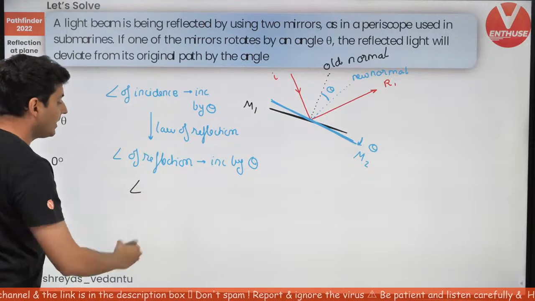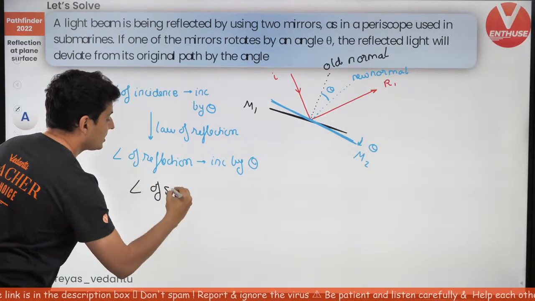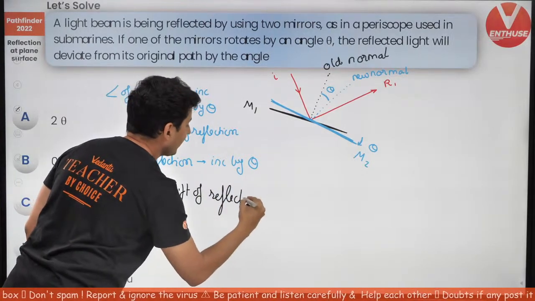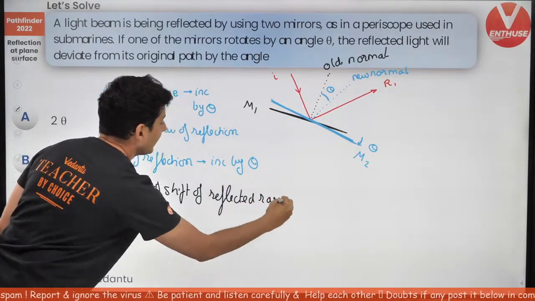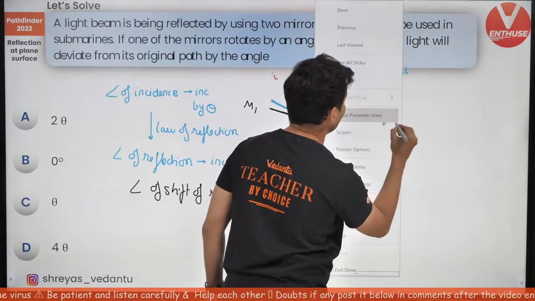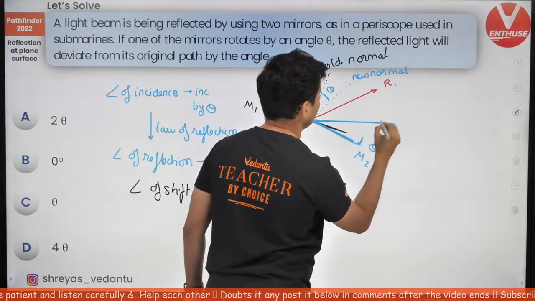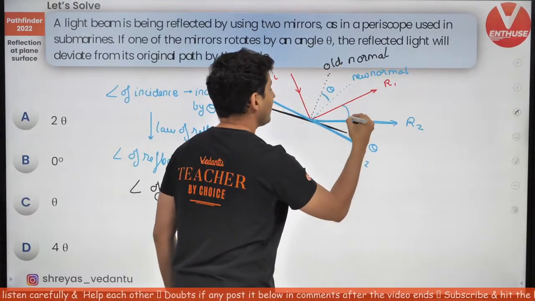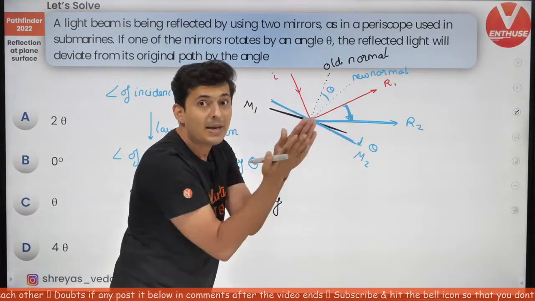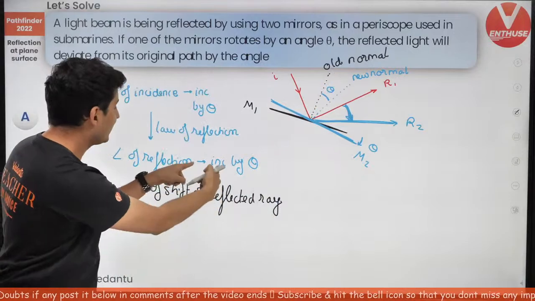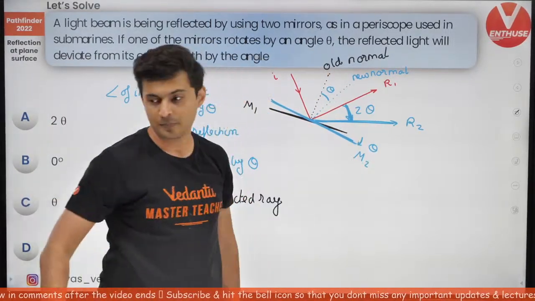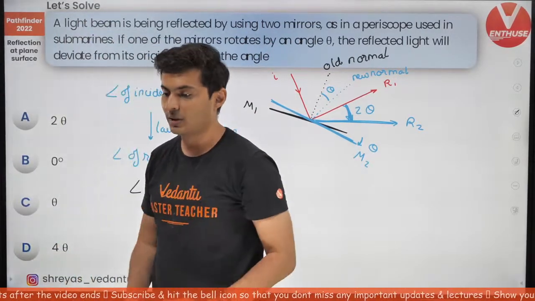So the reflected ray, which will now be going here somewhere, will be deflected by some angle. And this angle will be how much? Theta because of this and theta because of the shift in the normal. So this will be 2 theta. Yes, correct, Utkarsh.